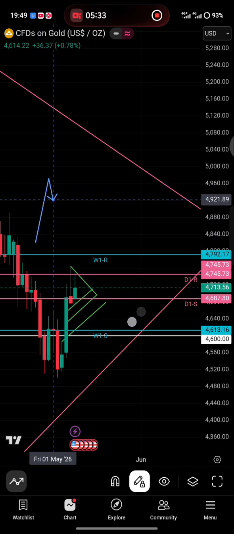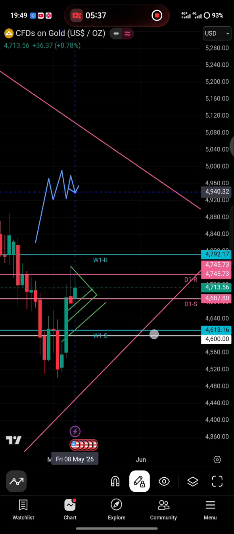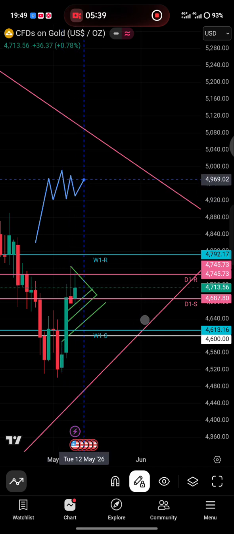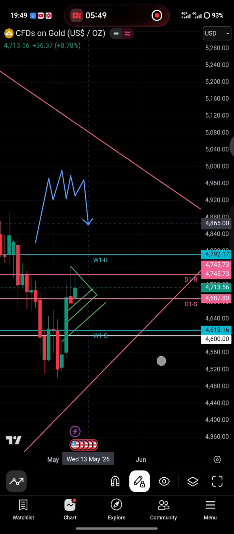Rally base, accumulation first, forming a triangle. And then if all of this is not enough to pressure volume or position holders into closing a position, sometimes the chart may dump first, right?